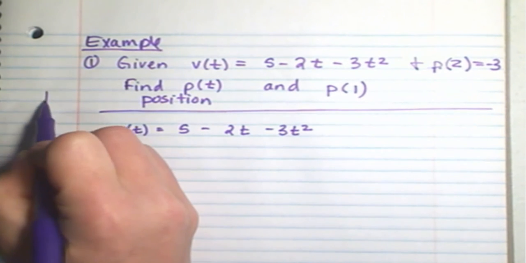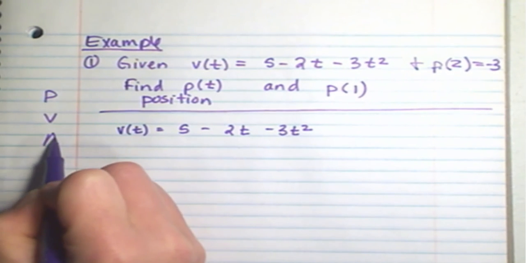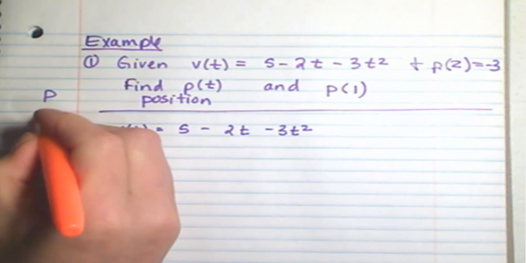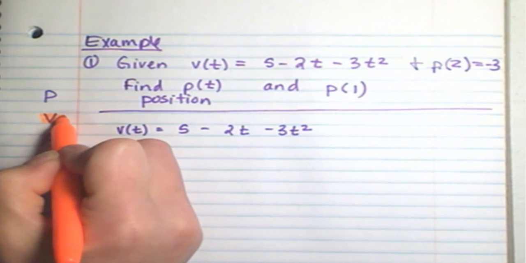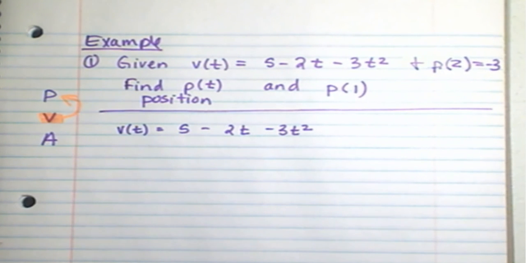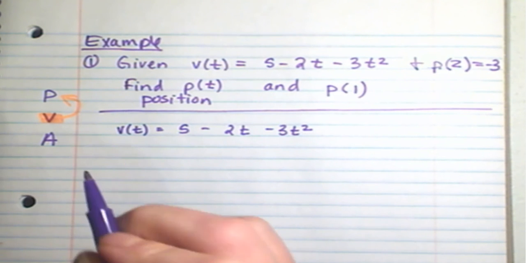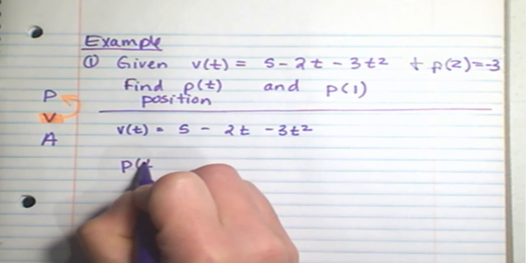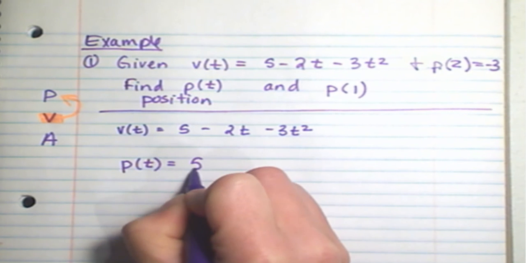So I'm going to write down my hierarchy of functions, and I'm going to note that if I am starting with velocity, I need to go backwards 1. So we have to do the antiderivative in order to get to position.